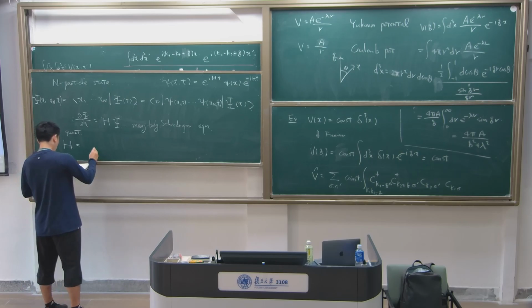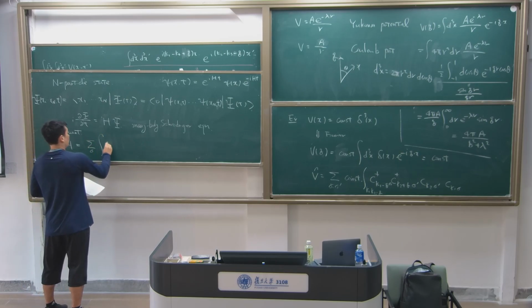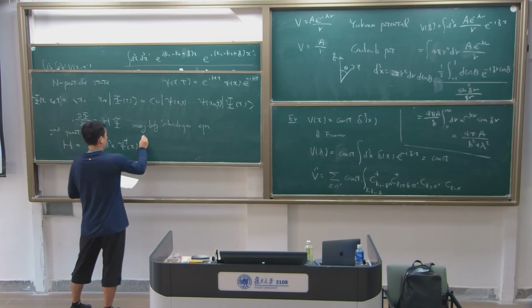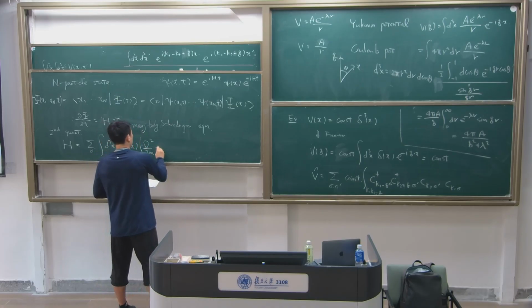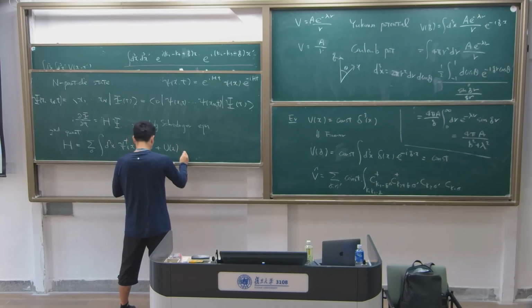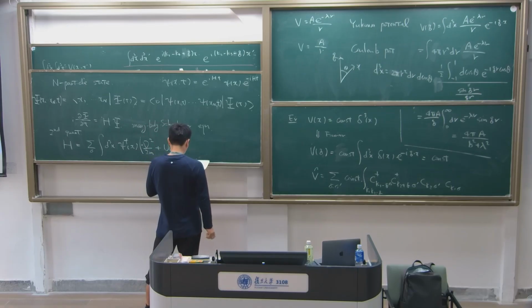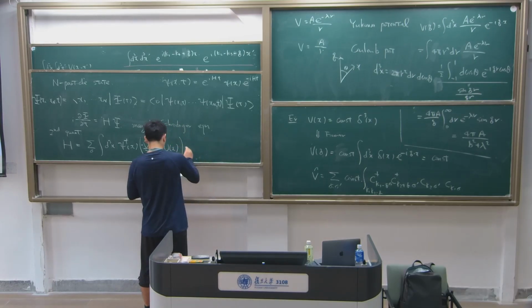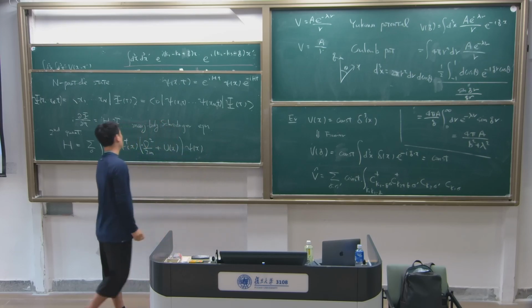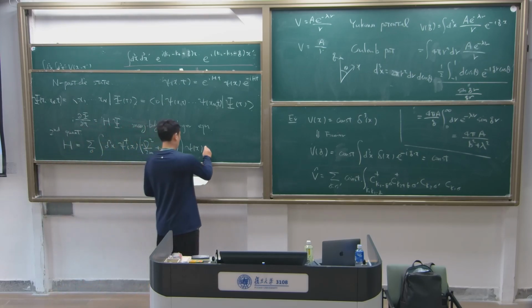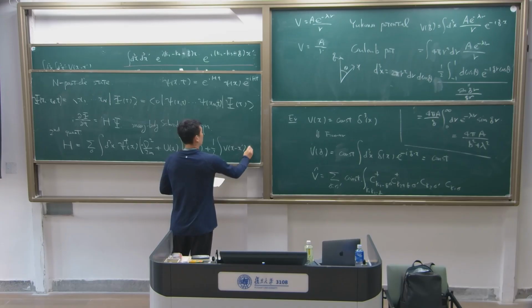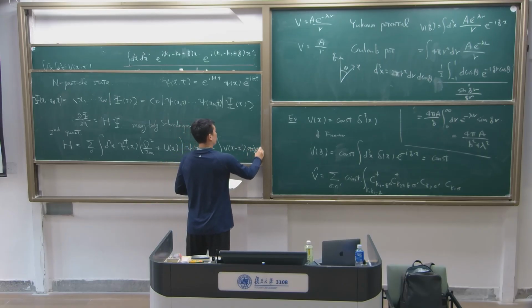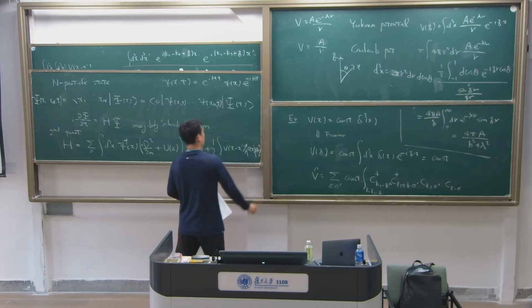H is given by the sum over sigma and the integral d cubed x of the single-particle part, plus 1/2 the integral of e squared over x minus x prime, rho of x prime and rho of x, with normal ordering.